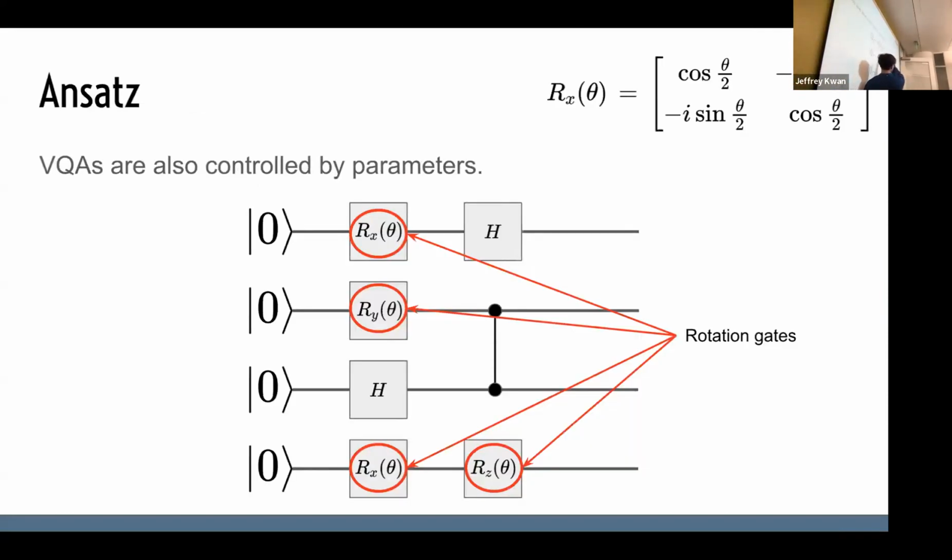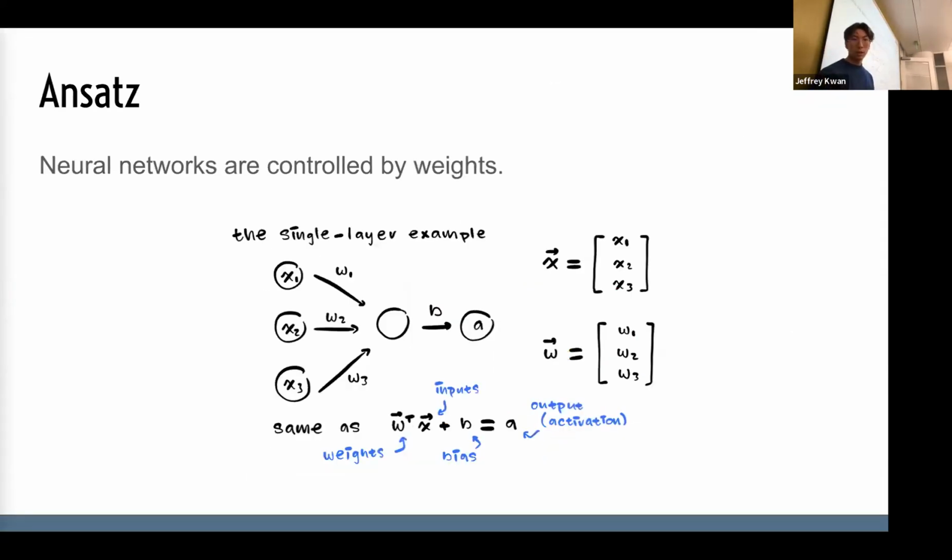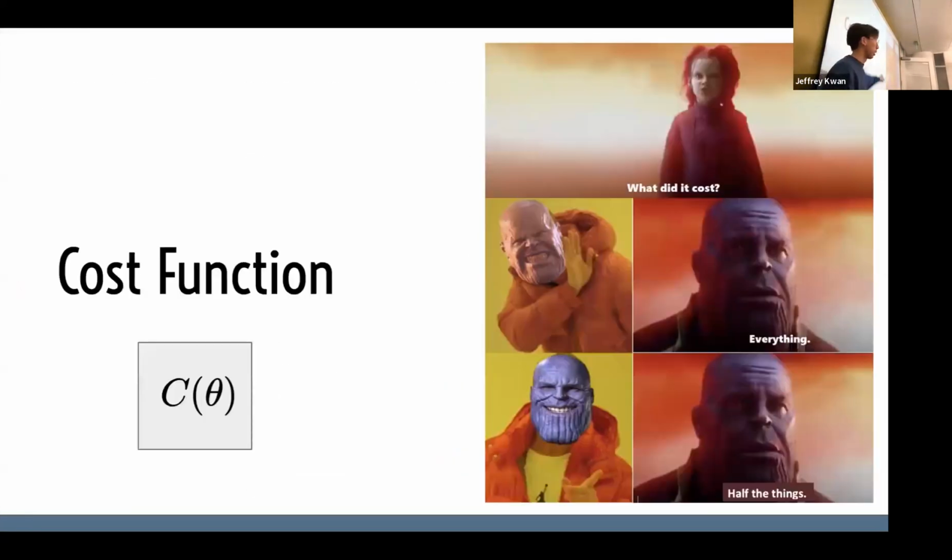These are separate parameters, but I just didn't annotate them. So what you're doing is finding the gradient with respect to each one of these, and then you're changing these parameters so that it generates something better. So what you're optimizing is the value of theta for each rotation gate. Yeah, essentially. That's why I denoted cost with theta.